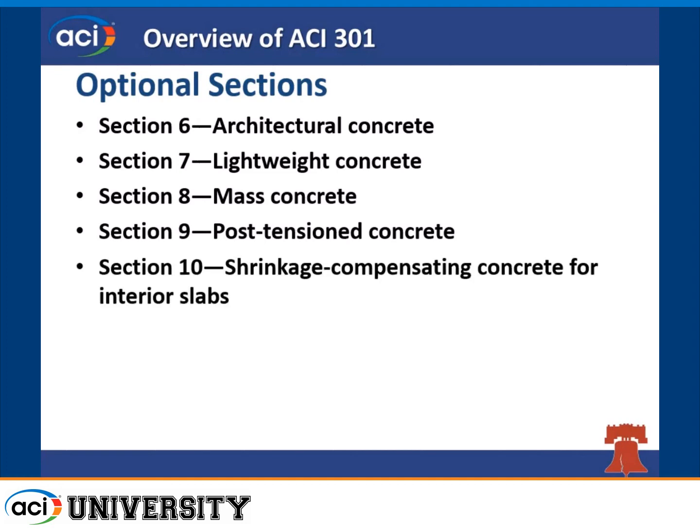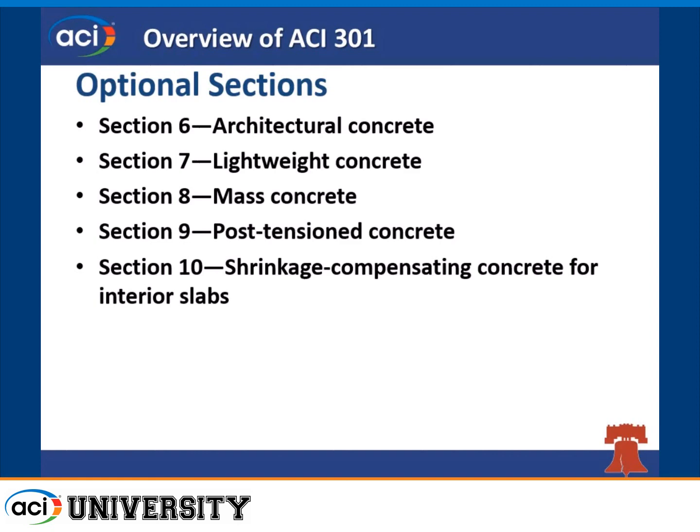In Chapter 10, and this is a change from the past documents, we have the shrinkage compensating concrete chapter that many people probably use for specialty areas, but now it's not all-encompassing. There were some phone calls and some lawyers involved that made people sensitive to the fact that the chapter hadn't been updated in several years.